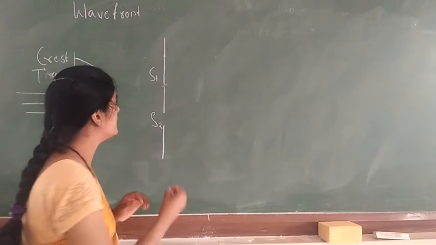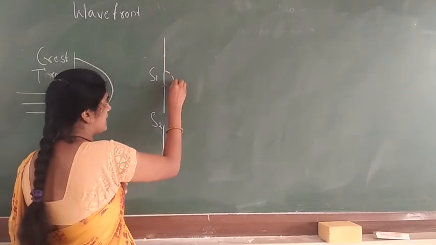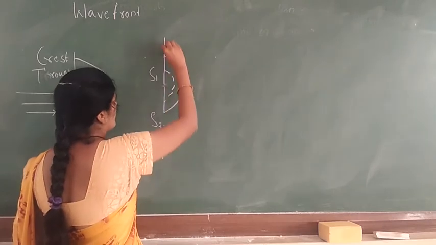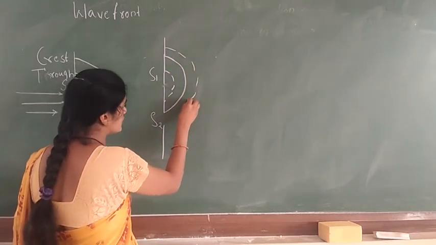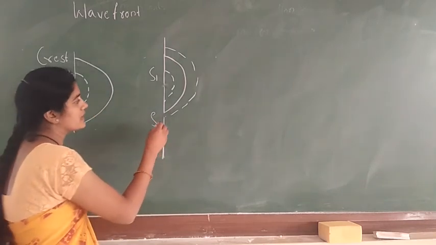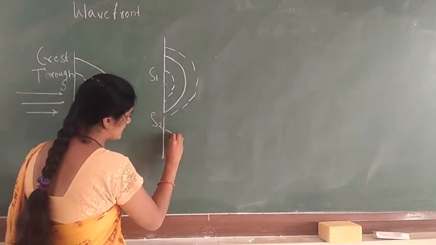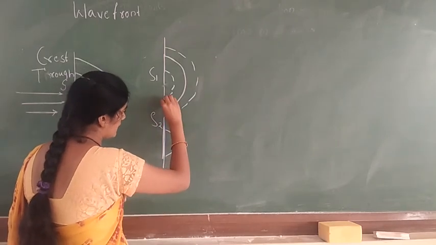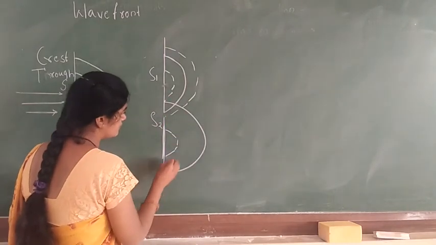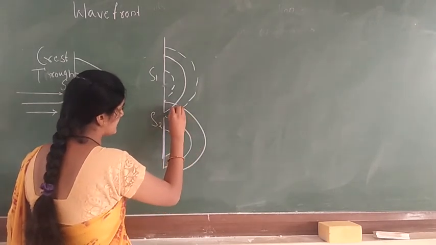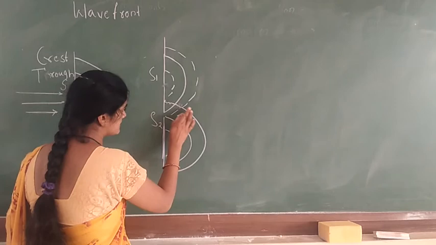Let us consider first there will be a crest, trough, and another crest. In the second one, again one is a crest, this is the trough, and this we are considering as a crest.